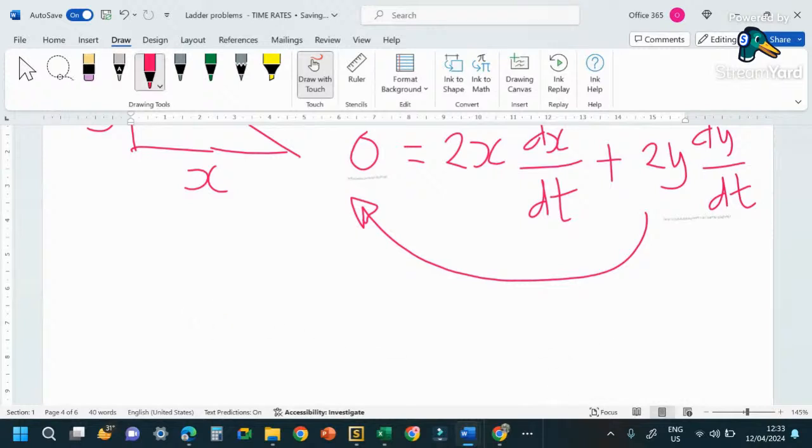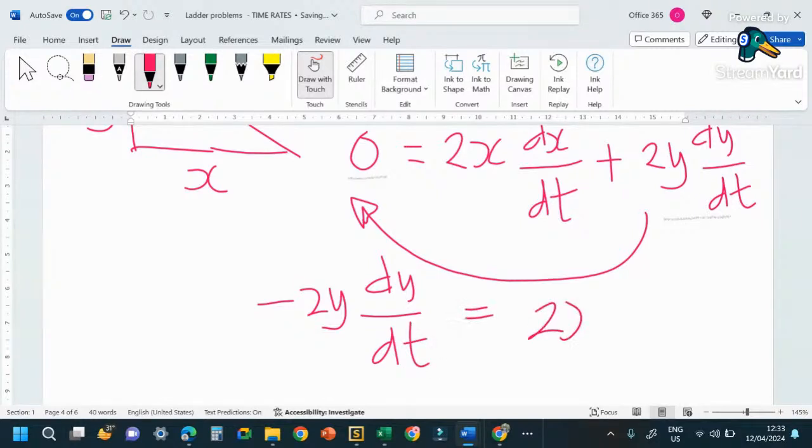So let's move 2y dy over dt to the other side. That makes negative 2y dy over dt equal to 2x dx over dt.